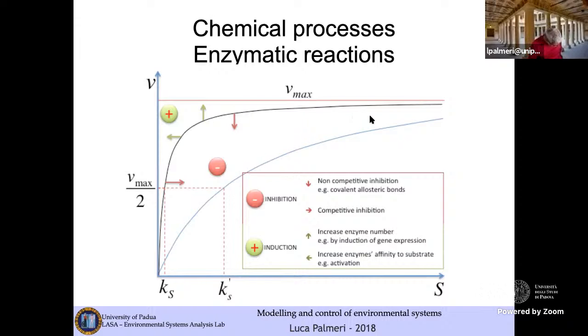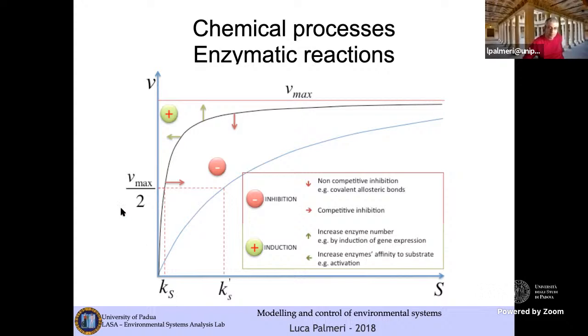By these plots, you may describe graphically all the different behaviors in enzymatic reactions. For example, with the blue curve, we have one possible shape of enzymatic reaction, while the black curve is that obtained with another value of Ks.